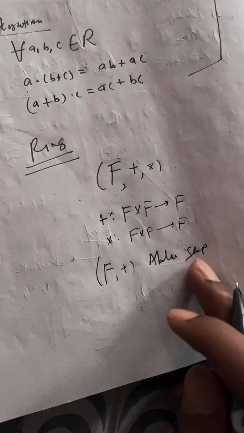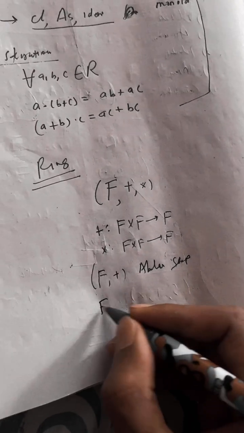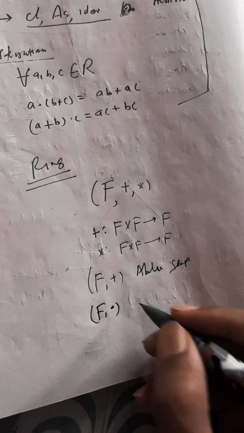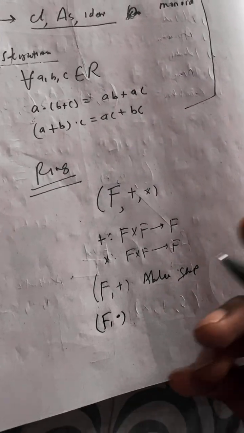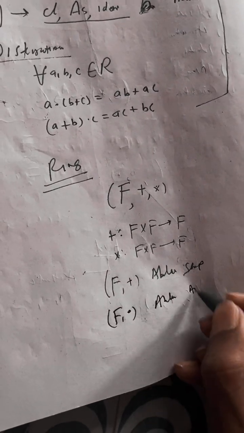This is the first axiom. It means all those 5 properties: closure, associativity, identity, inverse, and commutativity. And this F with multiplication should also satisfy closure, associativity, identity, inverse, and commutativity. So it is also an Abelian group.